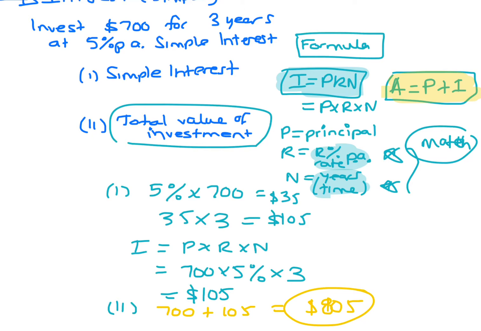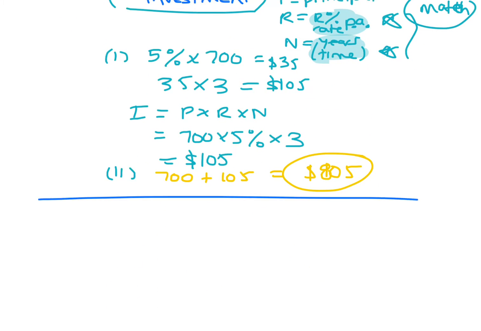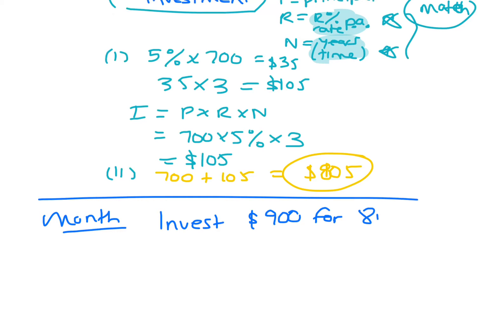All right, so I'm just going to run through one that, let's just say instead of being over a number of years, it was over a number of months. So let's just say you invest $900 for 8 months instead of a number of years, and we're going to do that at 6% per annum.